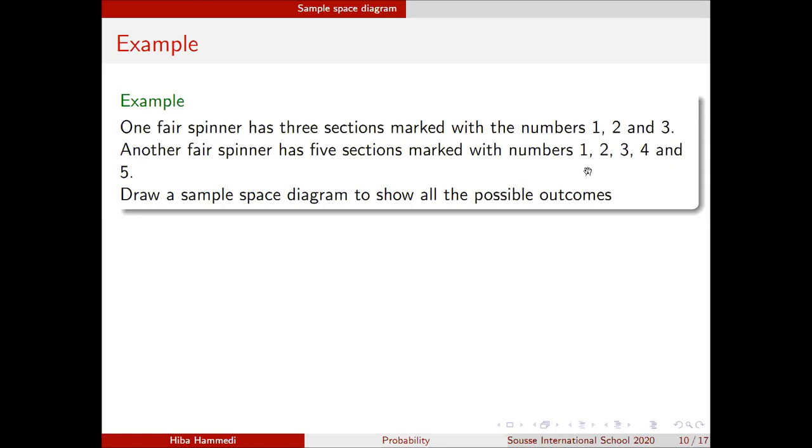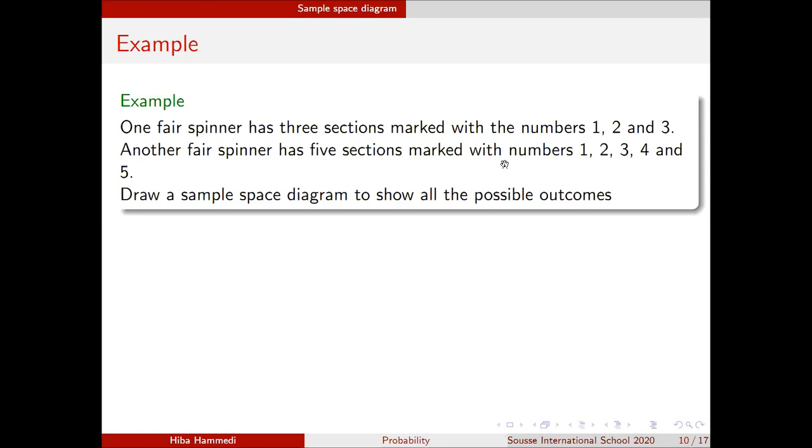So I need to think the same way I was thinking when working the example of a dice and a coin. The only difference here is I have 3 outcomes from the first spinner and 5 outcomes from the second spinner. So in total, I need to have 3 times 5 possible outcomes, which is 15 outcomes.